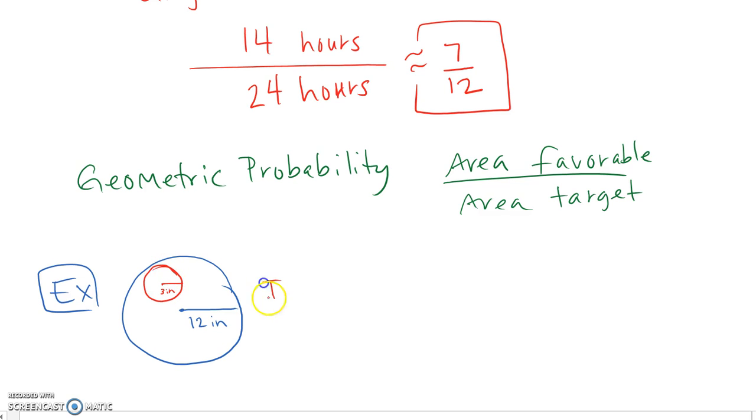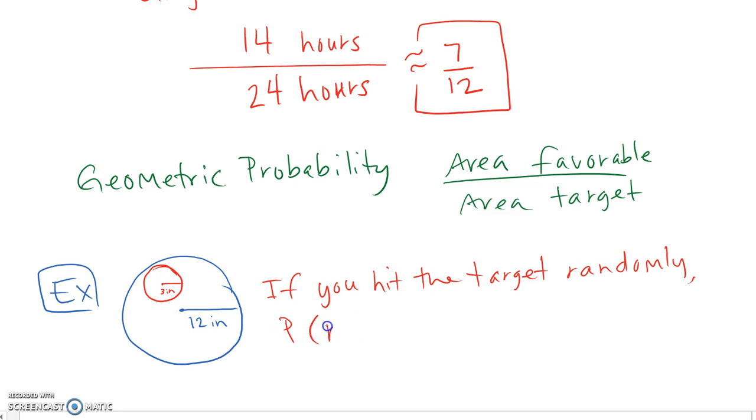And basically, if you hit the target randomly, find the probability of hitting this little red circle, right, of somehow being in there.